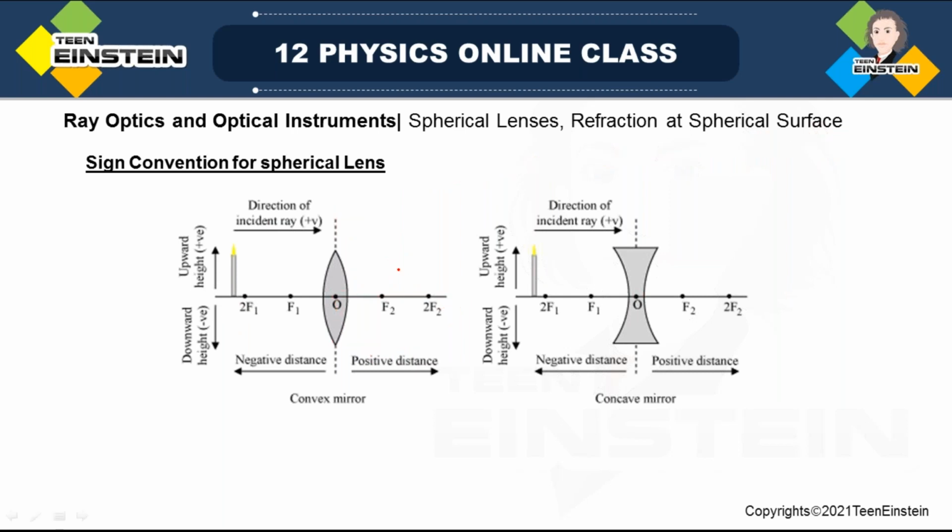Distance along the y-axis is called height. So upward you take positive height and downward negative height. All the real images will have negative height, which we have seen in the case of mirrors also.